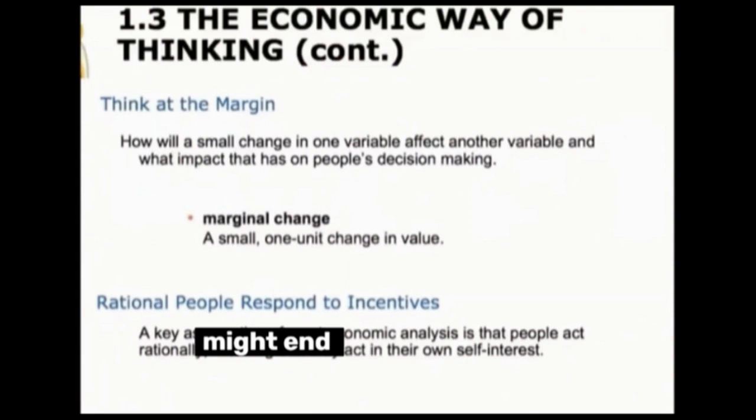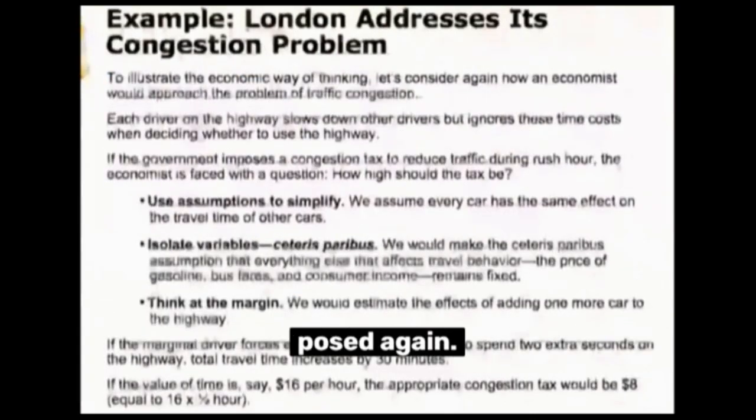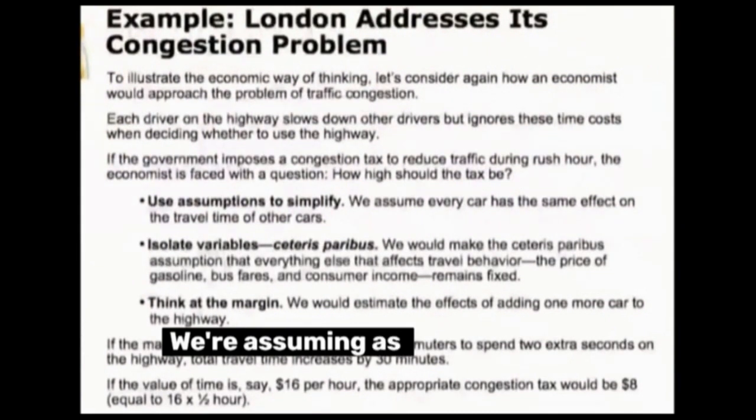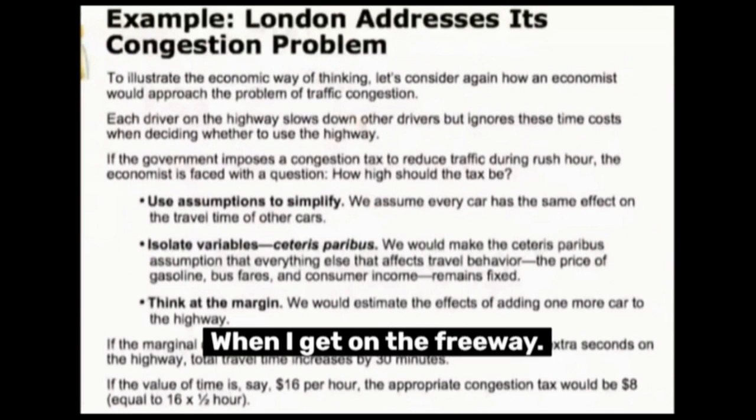Now let's look at how this economic way of thinking might be applied. Again, let's look at the congestion problem. As an economist, how are we going to approach the problem of traffic congestion? Each driver slows down other drivers, but each driver ignores the costs they're imposing on these other drivers.